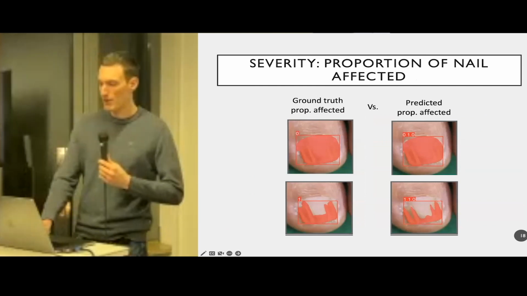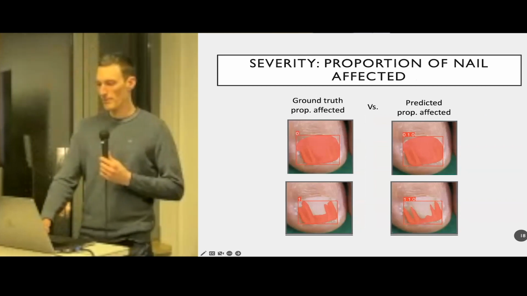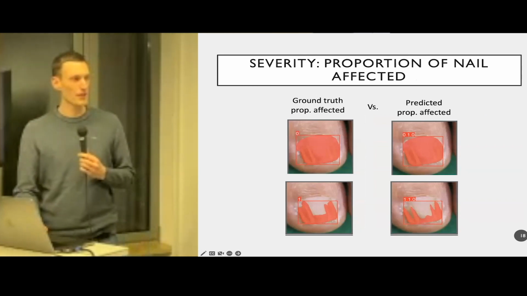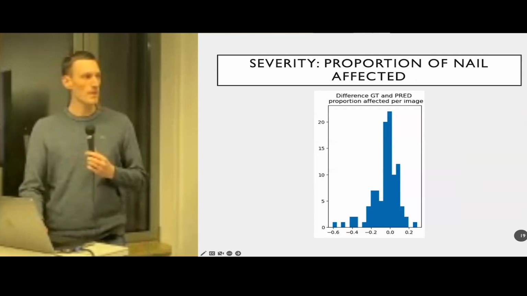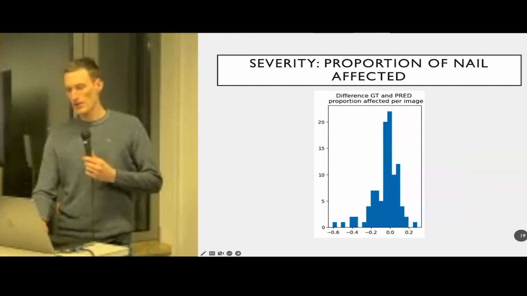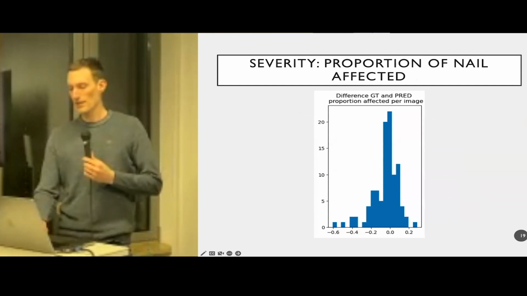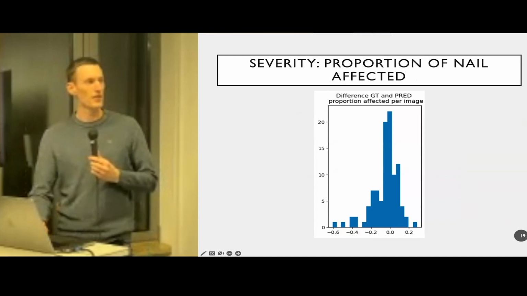Okay, so now we can compare the ground truth proportion of the nail affected to the predicted proportion affected on an image-to-image level. So this is what we got out of this. The mean absolute error is around 10%. So this means that on average, we are off by 10% from the ground truth proportion affected, which is not bad.